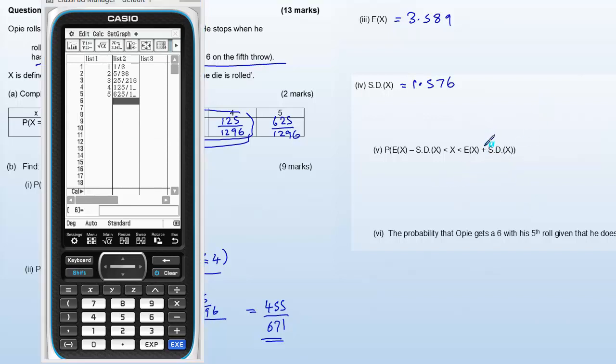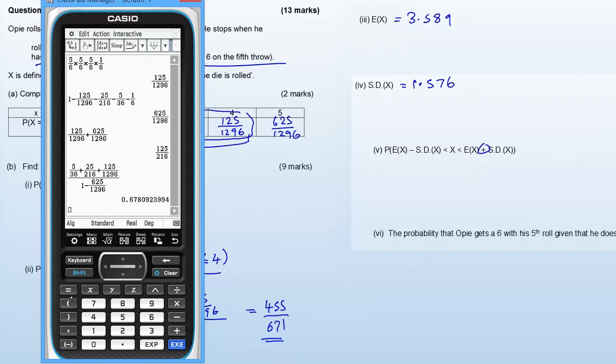Now this was a mistake in the test, but we did spot it and correct it. So expectation of X take away standard deviation of X. So if we go back to main, I'll go for decimal as well now, 3.589 take away 1.576.